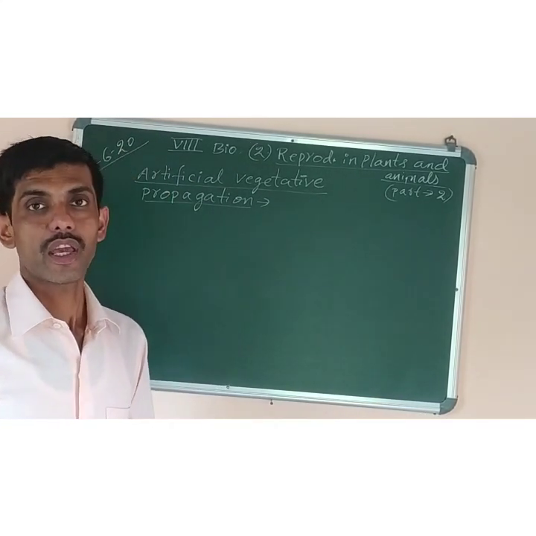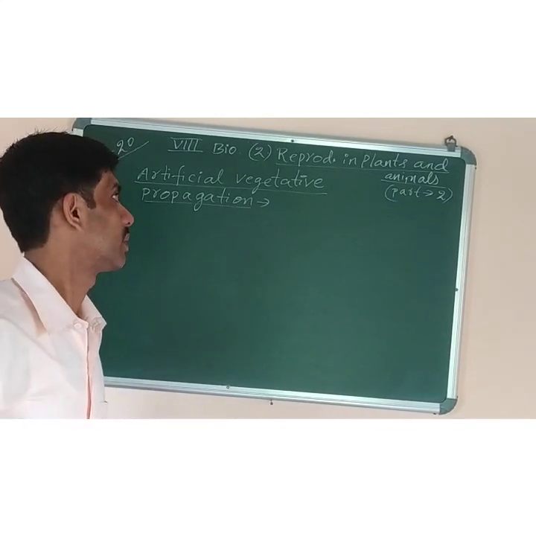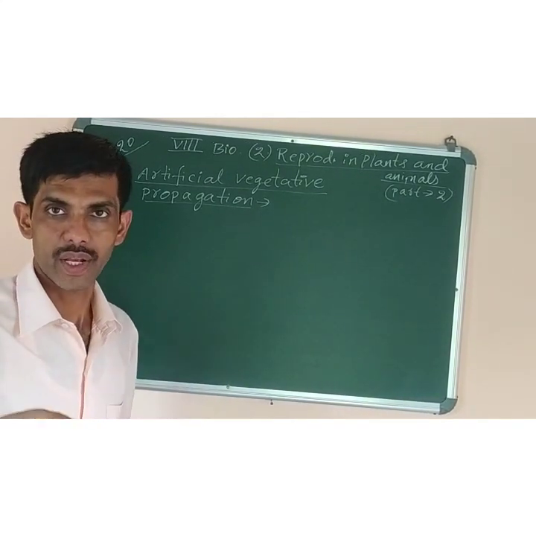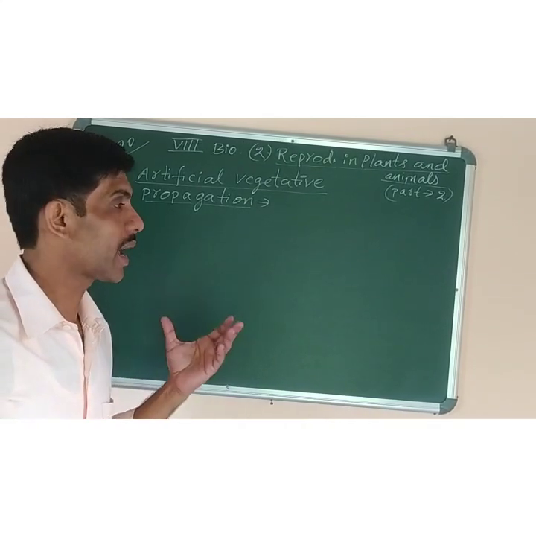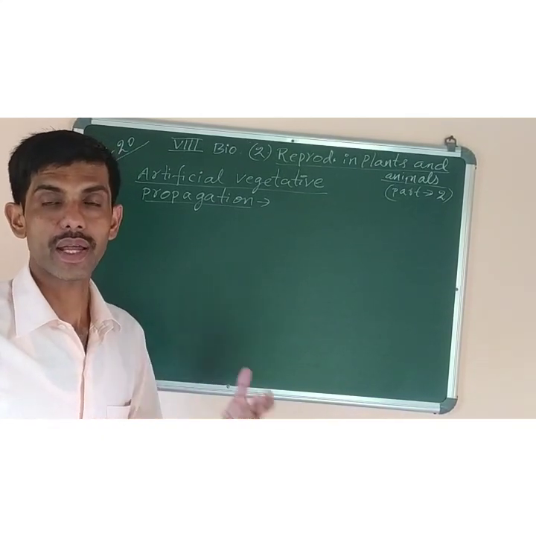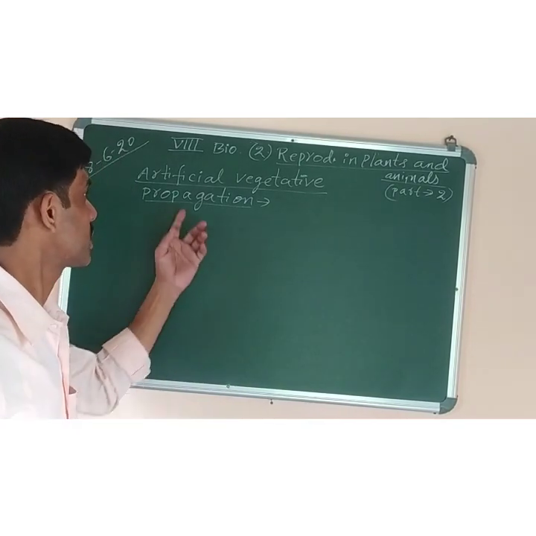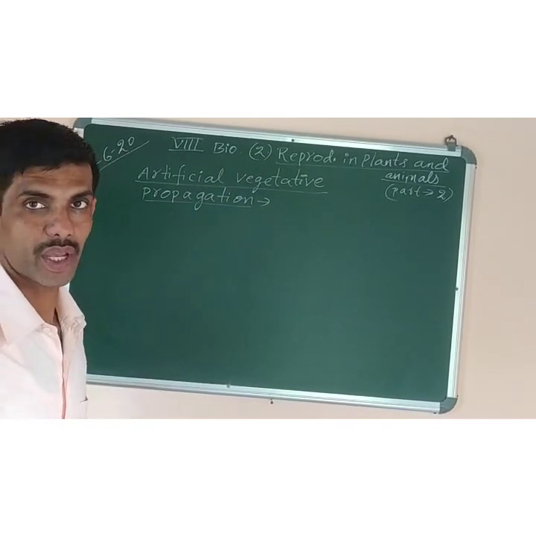And if the propagation is done, propagation means we can grow a new plant, with the help of man, like we ourselves are involved, such a method is called artificial vegetative propagation.